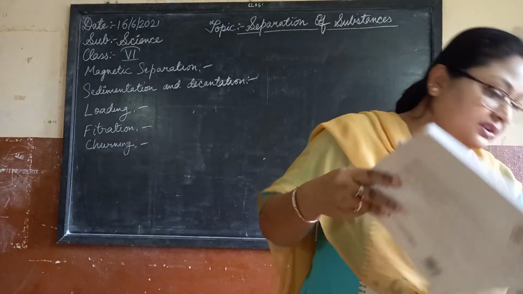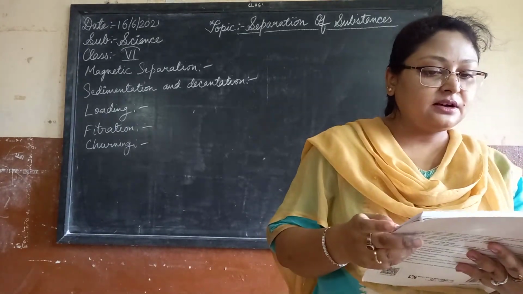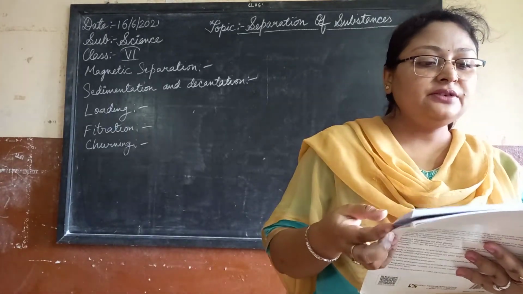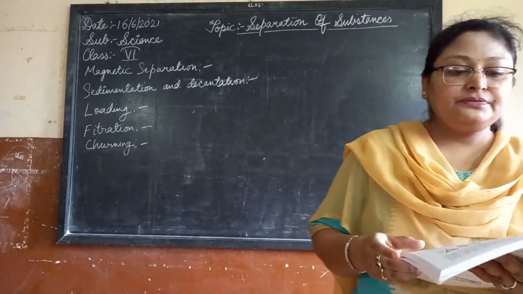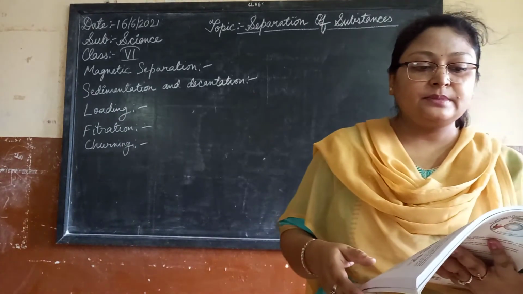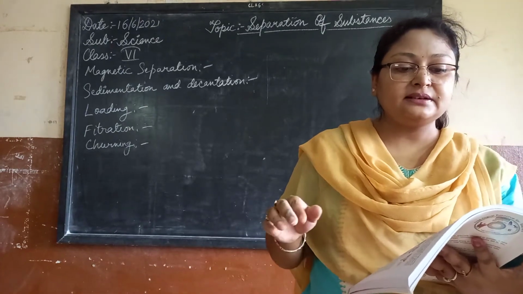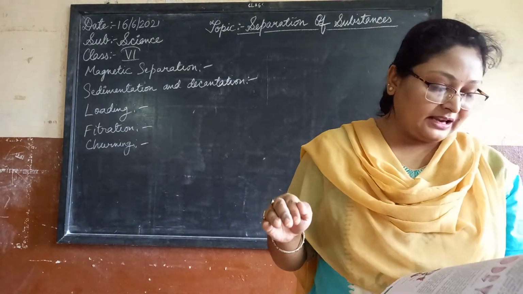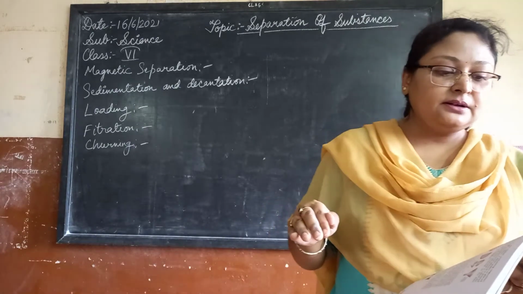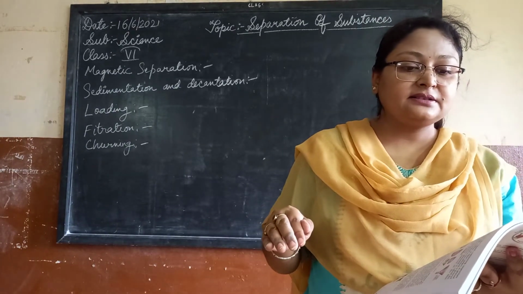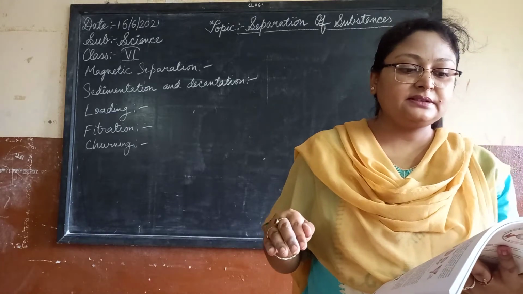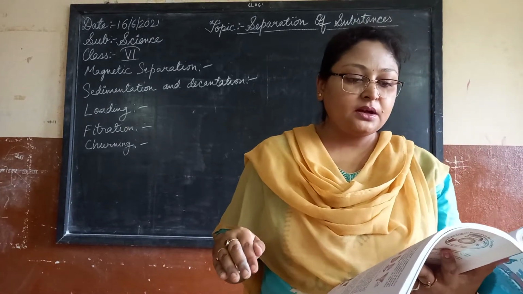Sedimentation is the method of separating heavier insoluble solid particles mixed in a liquid. That is, if the water has many things in it, it is left to settle for a particular period of time, and the heavier insoluble particles settle down at the bottom. Thus sedimentation is done.